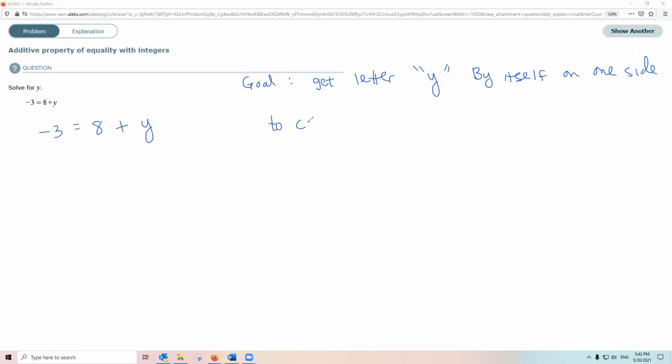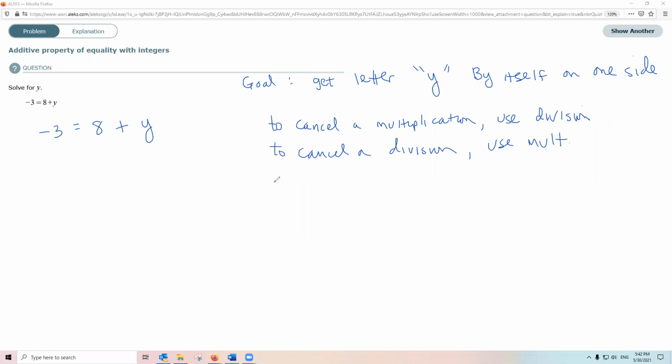So to cancel a multiplication, we can use the opposite of multiplying, which is division. To cancel a division, we can use the opposite, which is multiplication. And of course, to cancel an addition, we can use the opposite of addition, which is subtraction. And then to cancel a subtraction, we can use the opposite, which is addition.